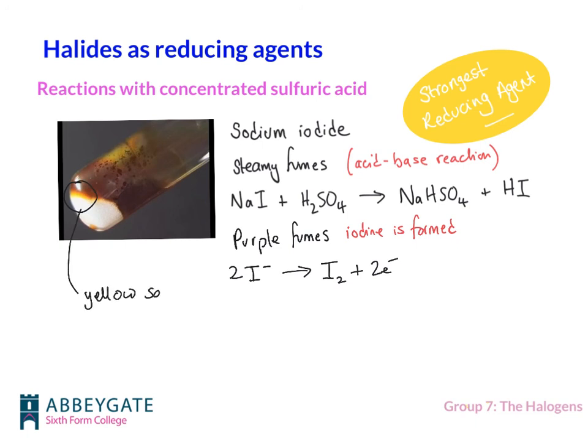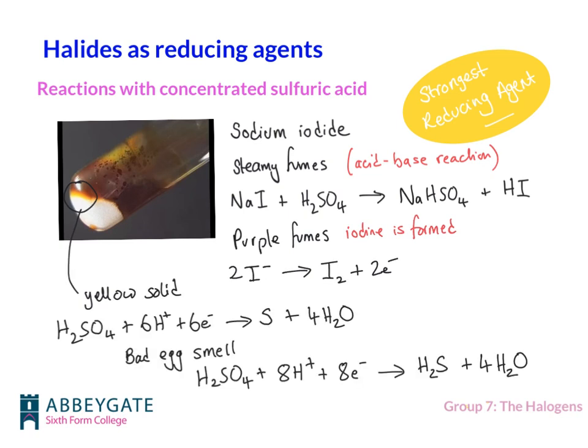We'd also get some sulfur dioxide, as we saw with the sodium bromide, but interestingly, we'd also get a yellow solid formed, showing that our sulfuric acid had formed elemental sulfur, so further reduction. And we'd also get a bad egg smell. Now, I can't show you a bad egg smell in a video, but we get a bad egg smell, and that would be because we get hydrogen sulfide formed.